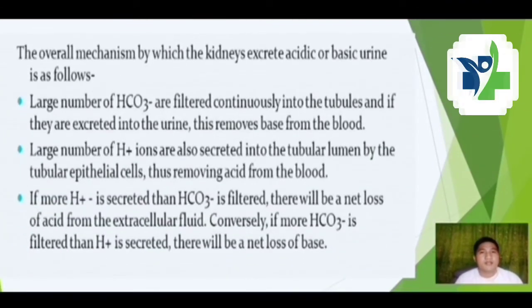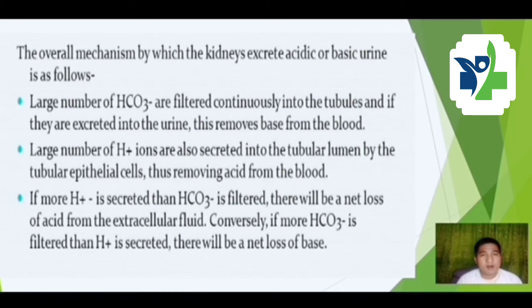Next, there are mechanisms by which the kidney excretes acidic or basic urine. There are three. First, a large number of bicarbonate ions, HCO3, are filtered continuously into the tubules, and if they are excreted into the urine, this removes base from the blood.